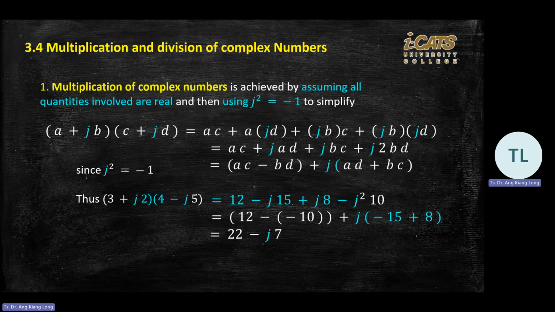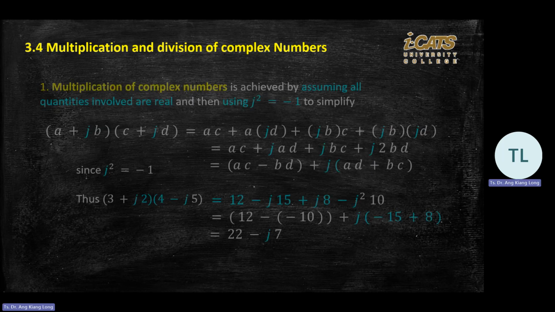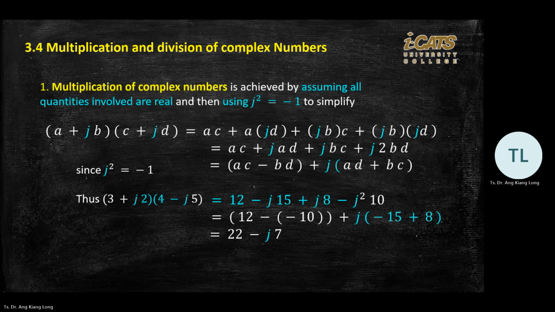If you understand this one, the rest is just application and substitution of values. Careless mistakes are always with the j square here. Positive is no problem, especially when the question gives you a negative: negative becomes positive. This will be the careless mistake part when you carry on to the next steps.